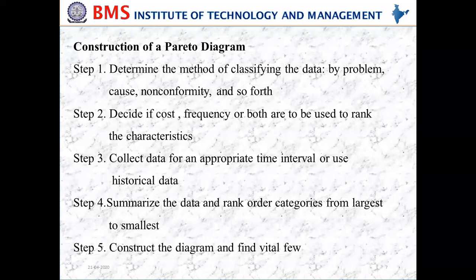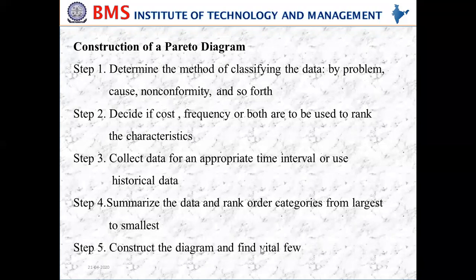Or if you are not collecting current data, you can use historical data also. And step 4 is to summarize the data. After collecting all the data, you need to summarize it and rank order the categories from largest to smallest. Then finally, construct a diagram and find the vital few.